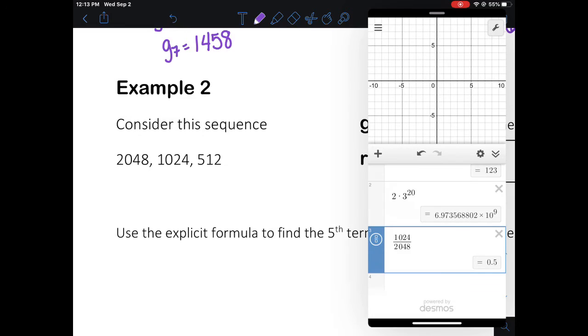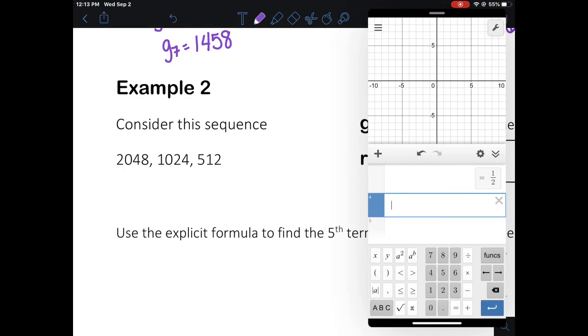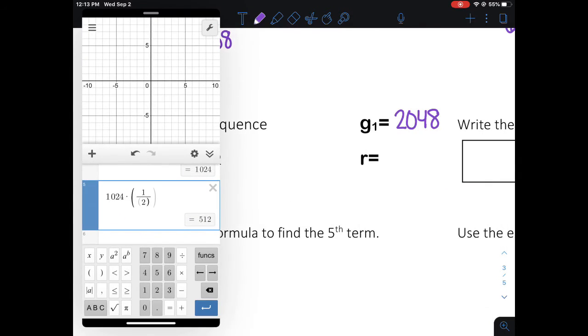I don't want a decimal, I want a fraction, 1/2. It looks like it's being cut in half. Let's test that theory out in case you think I'm faking it. 2,048 times 1/2, and I get 1,024. Perfect. 1,024 times 1/2 again, and I get 512. Perfect. So I know that my common ratio is 1/2.